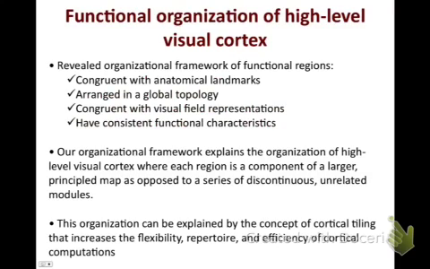So, in the second part of the talk, I revealed that with better measurements, we have an organizational framework of functional regions. This framework in high-level visual cortex consists of four principles: congruence between a functional region and an anatomical landmark, functional regions arranged in a consistent global topology, congruence with visual field representation, and consistency of these characteristics over time.